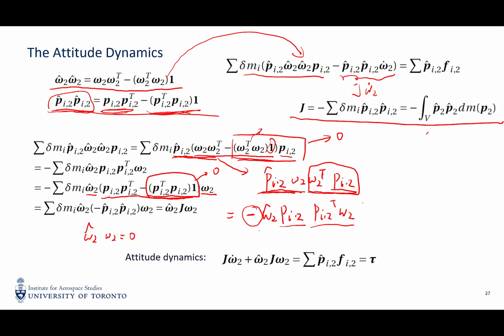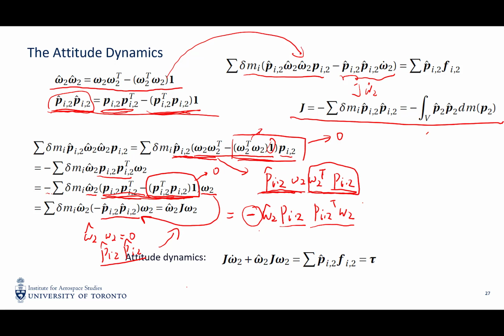So this one is 0, and the first term pi2 times pi2 transpose is the same as in the previous expression. If we have this relationship, we can replace the entire subtraction here with the multiplication of two skew symmetric matrices. So this actually gives us pi2 hat times pi2 hat.